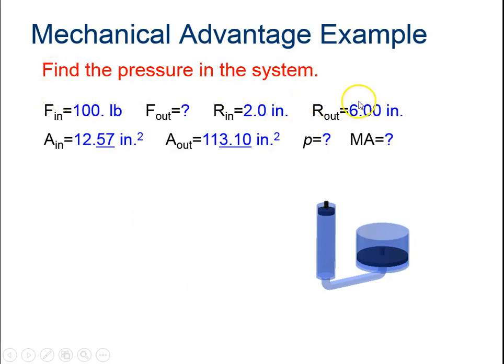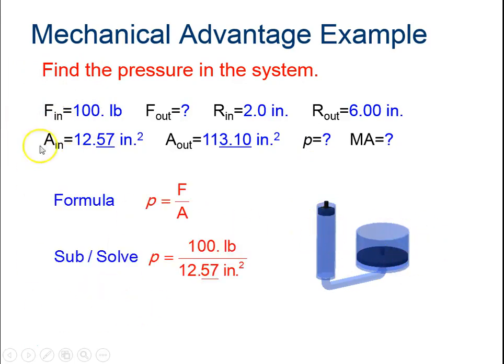They now want us to find the pressure in the system. Because it's a closed system, it's going to have the same pressure everywhere. So I can use pressure equals force divided by area to find the pressure here, and then the pressure here is the same.